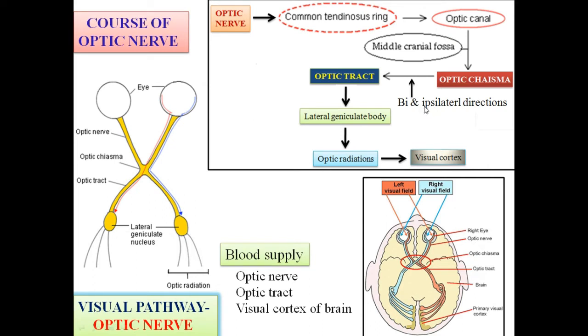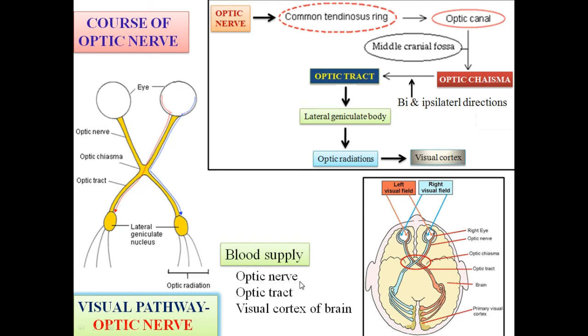That means 53% of the fibers flow to the opposite lateral geniculate body, and 47% flow in the ipsilateral direction to the lateral geniculate body of the same side. The optic radiations are the hair-like fibers that arise on either side of the lateral geniculate body, and then synapse with the visual cortex of the brain.